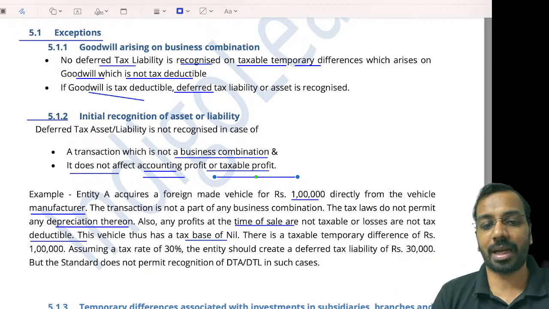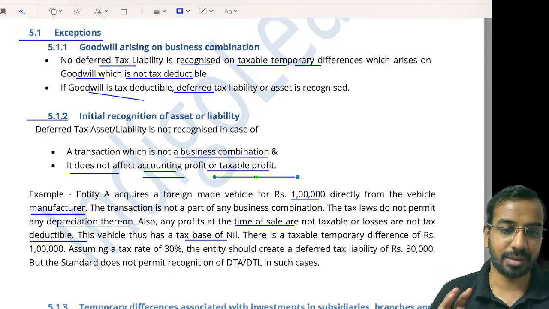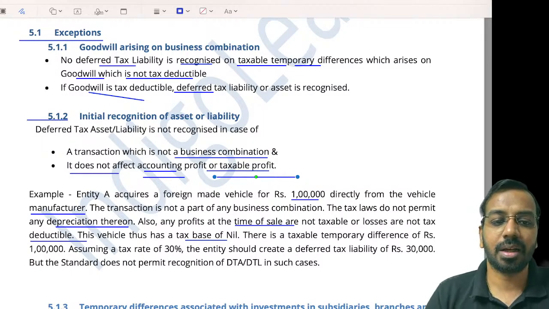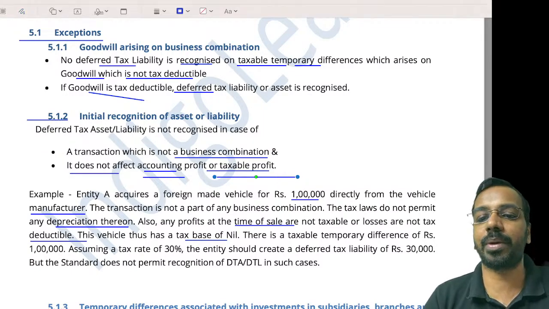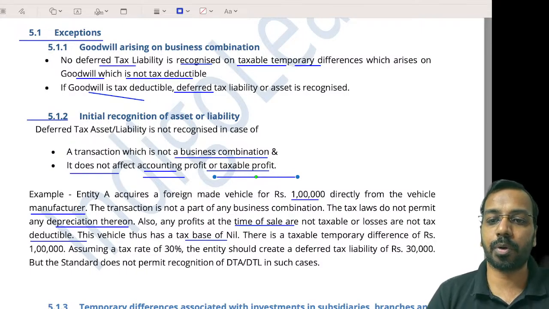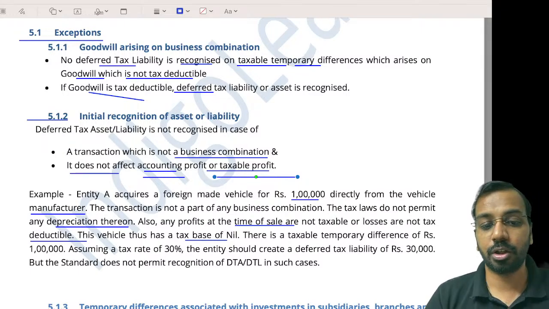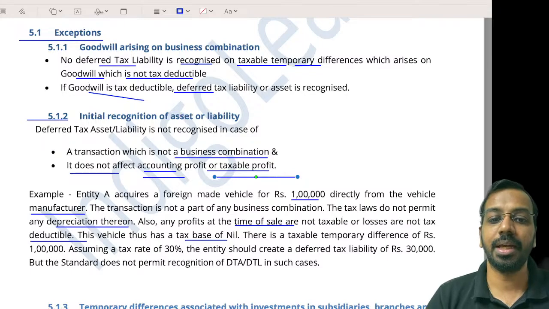Because it does not affect my taxable profit, I will not create a DTA or DTL in this case. So this is more like a case of a permanent difference, where there is exempt income or expense which will not be allowed in the future, and hence you do not consider that for your deferred tax liability calculation.